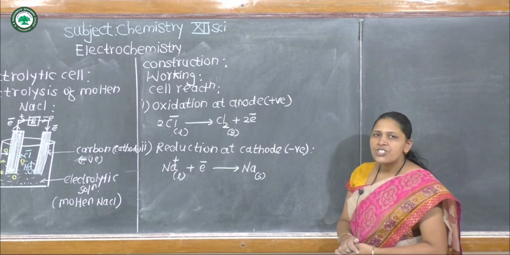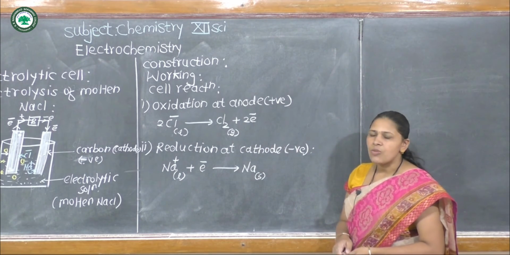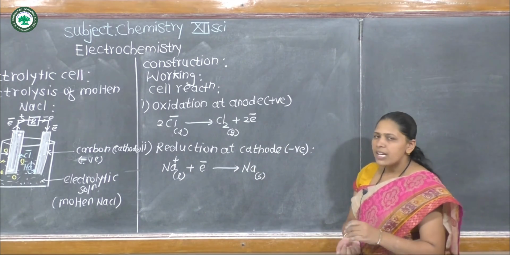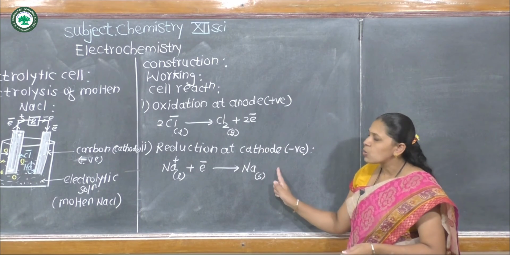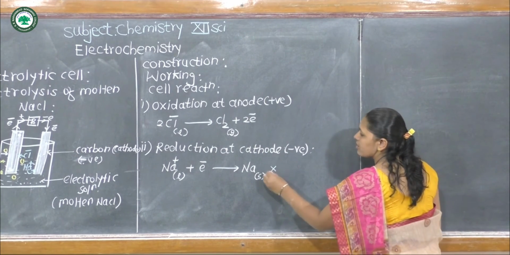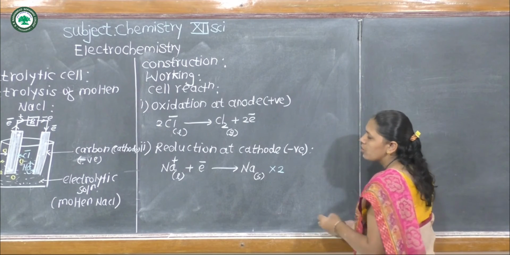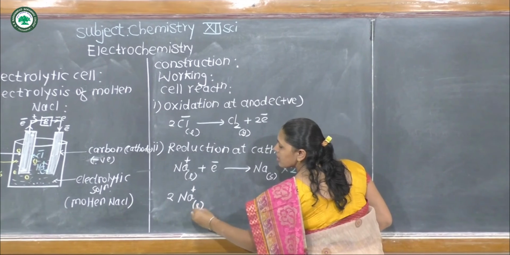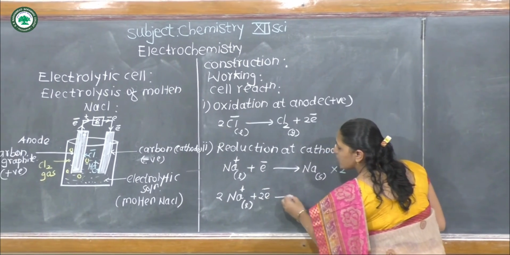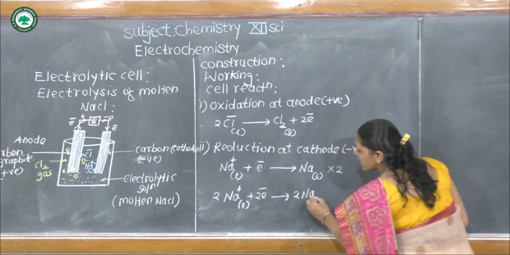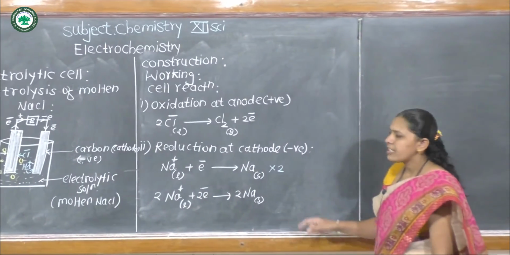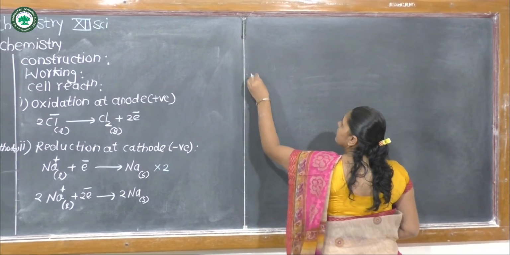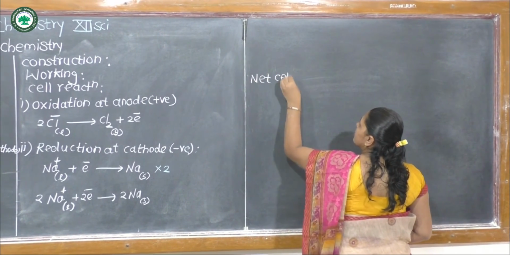Here in the oxidation reaction 2 electrons are involved. In the reduction reaction only 1 electron is involved. Therefore we have to multiply the reduction half reaction by 2. By multiplying by 2, this reaction becomes 2Na+ plus 2 electrons gives 2Na. Then by adding these two reactions, we get the net cell reaction.